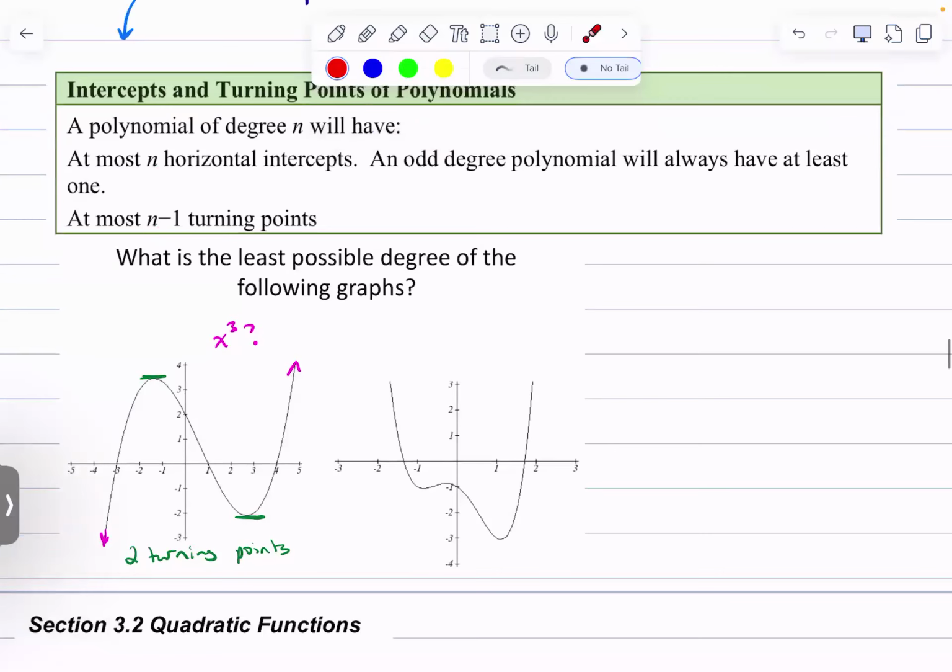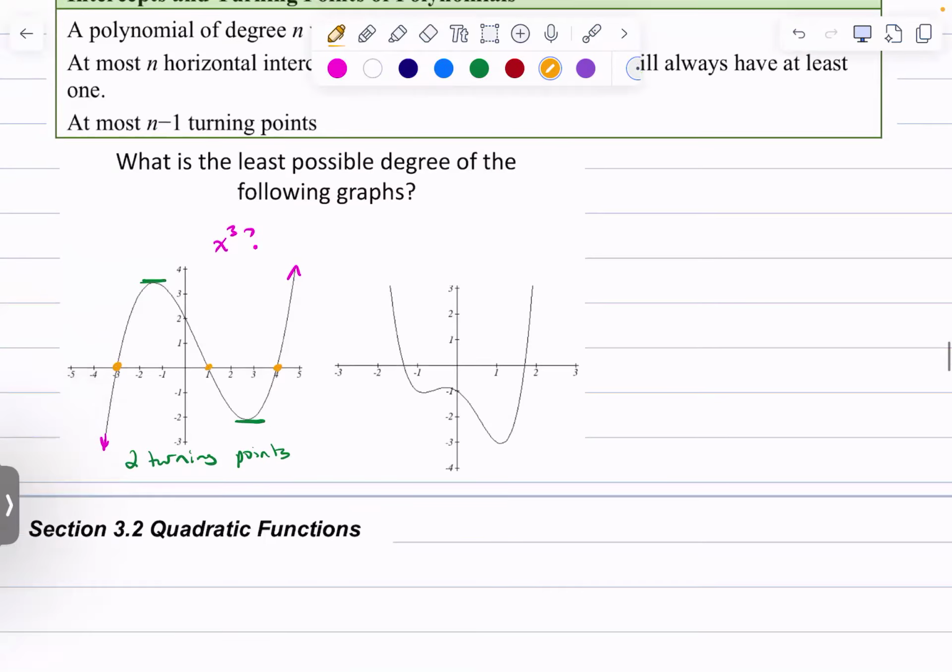What about the at most n horizontal intercepts? I've got 1, 2, 3 horizontal intercepts. I would say the lowest possible degree of this thing is 3.